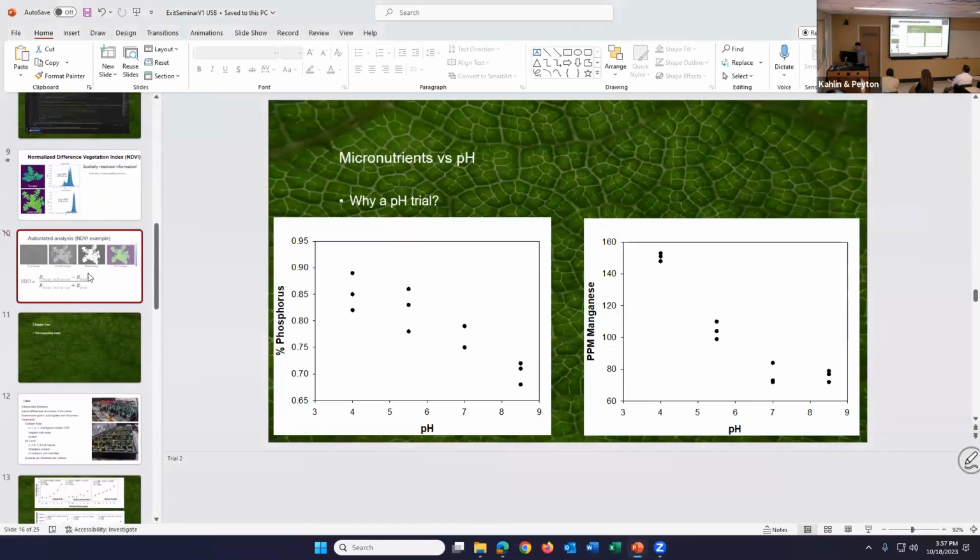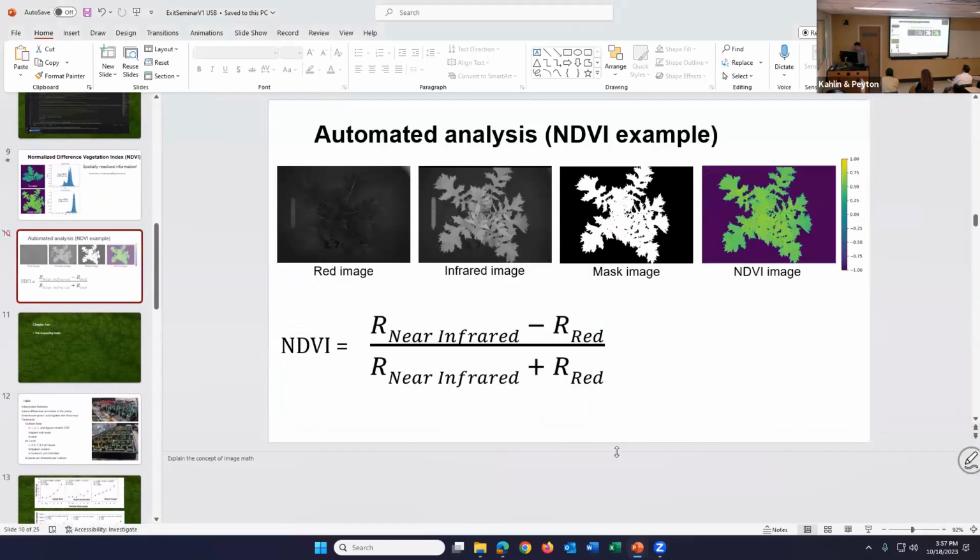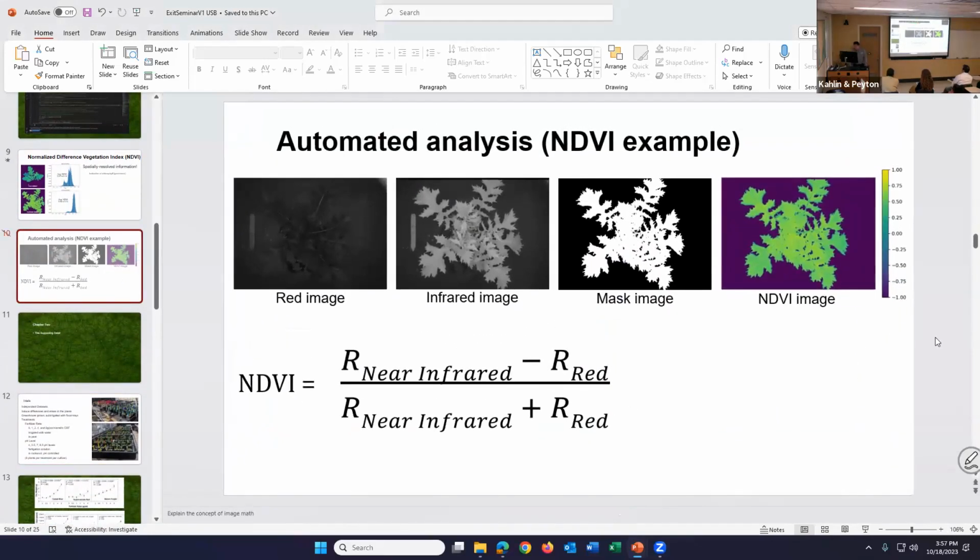If you guys are willing to bear with me for a moment. So this is how you get NDVI out. NDVI is the intensity of the reflection at near infrared minus the reflection at red, over the sum of the reflectance at near infrared and red.